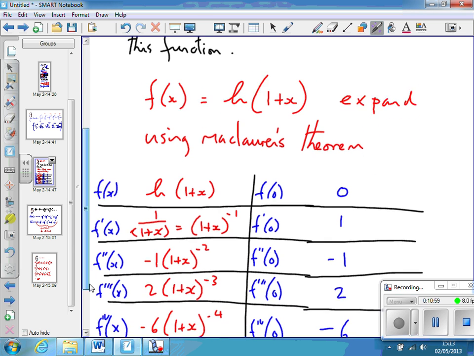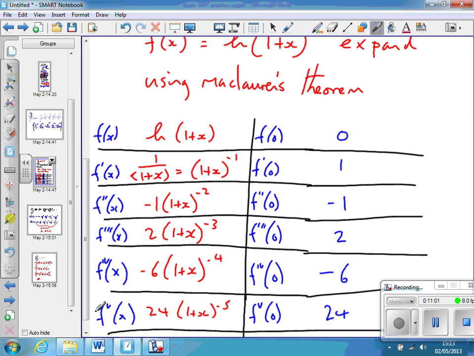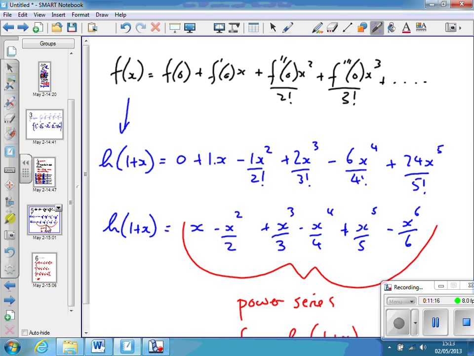And to do that, you set yourself up a table where you can find out what the value of the function is when x is 0, what the first differential is, second differential is, third differential is, and so on. So you end up with these values here, which go into the Maclaurin series, and replace these here. And then you tidy up.